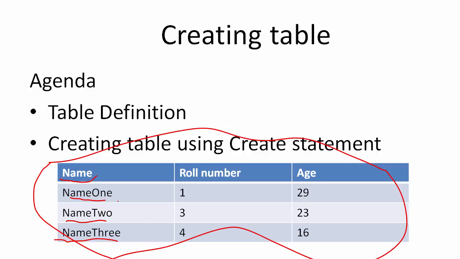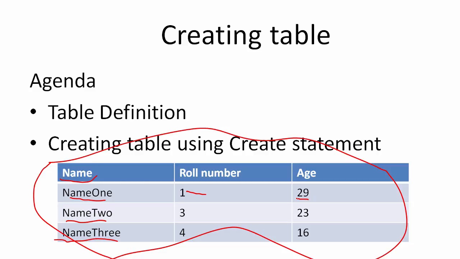While if we move to this roll number, here we can see this is a decimal value, or we can say an integer, and similar integer values are used for age. It means this table is going to have multiple kinds of data. It could be a string, integer, decimal, or some character.